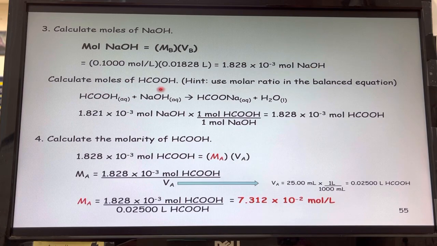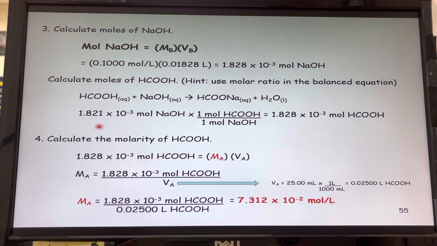Then we calculate the moles of the other substance. So how do we do that? Balanced chemical equation using the mole to mole ratio. Man, all that stuff that we learned is being applied here, isn't it? Okay? And you always have this problem to go back to and use as a sample, as a guide, all right?